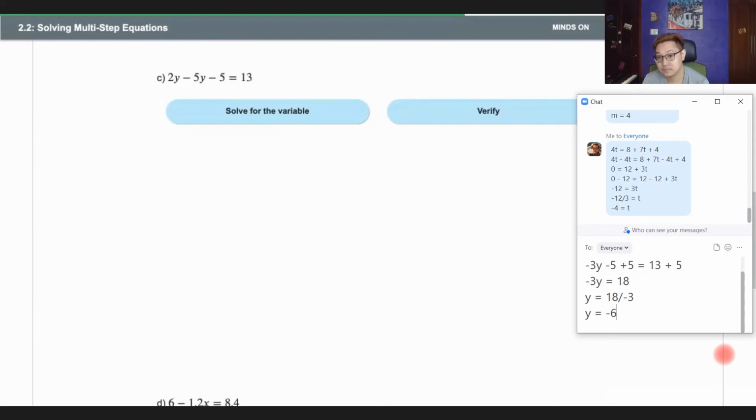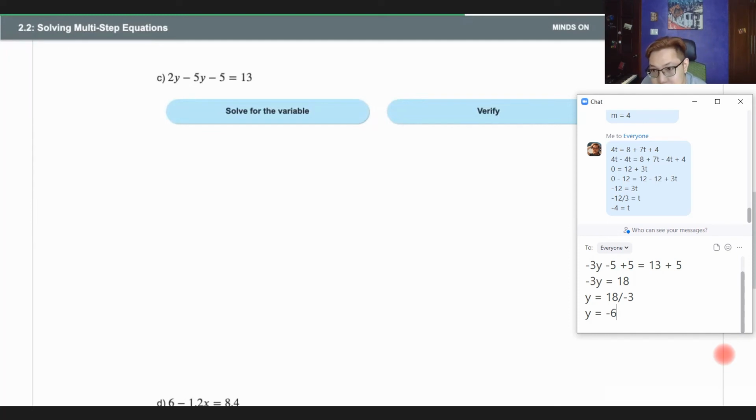Then you bring the 3 to the right, the negative 3, so 18 divided by negative 3. Careful.